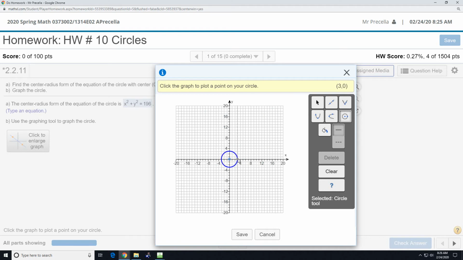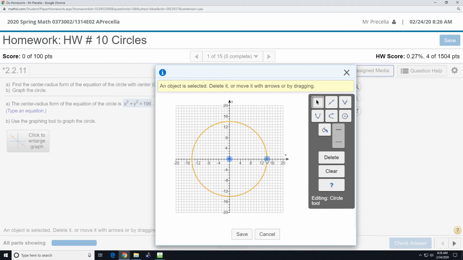Well, move over 14 units. It doesn't matter if you move over left 14, right 14, up 14, or down 14. You're still getting the same circle. I just moved right 14. But if you look, by moving right 14, didn't I also move up 14, left 14, down 14? So you plot the center and then move over whatever the radius is.